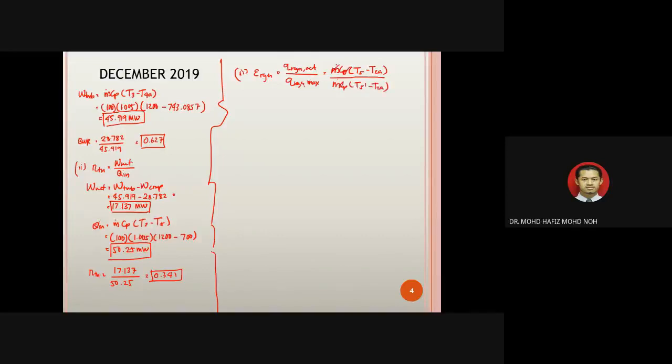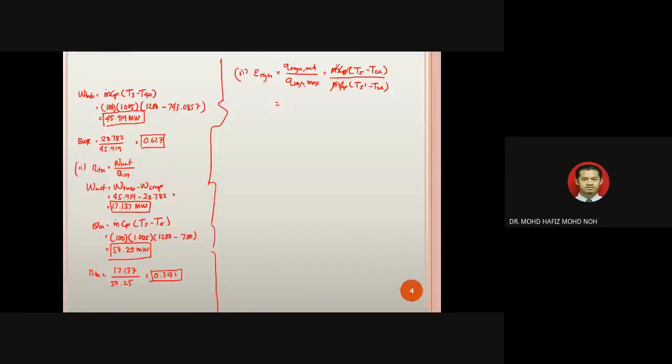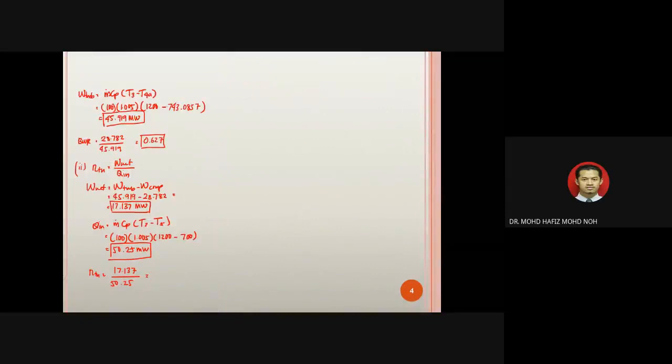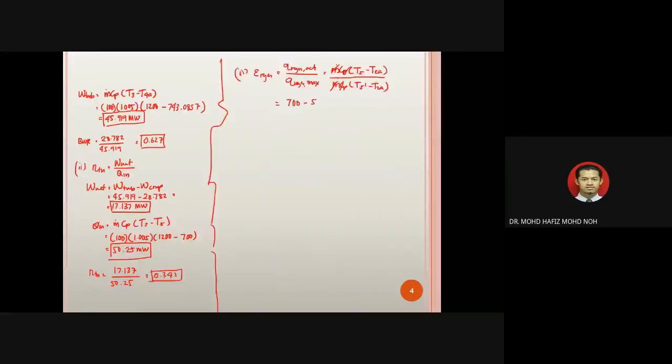So the m dot Cp can be cancelled. So from here, T5 is already calculated. Sorry, it's not calculated, it's given: 700 Kelvin minus T2 actual. T2 actual is equal to 586.3932, divided by T5 prime.